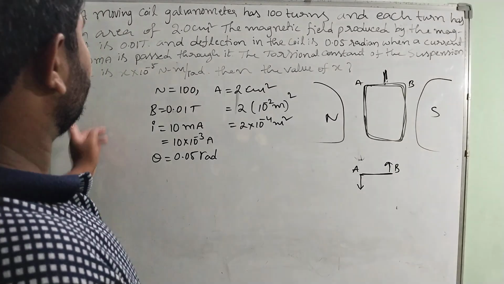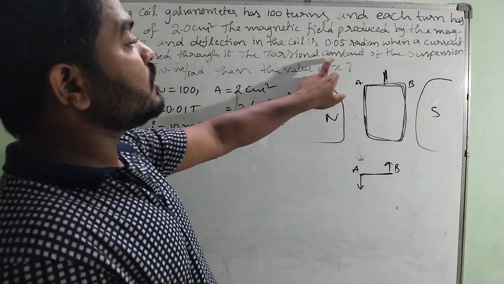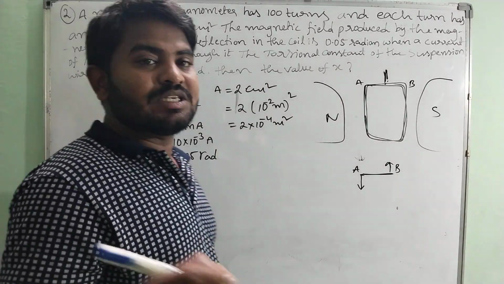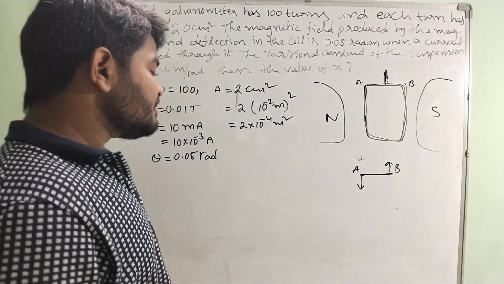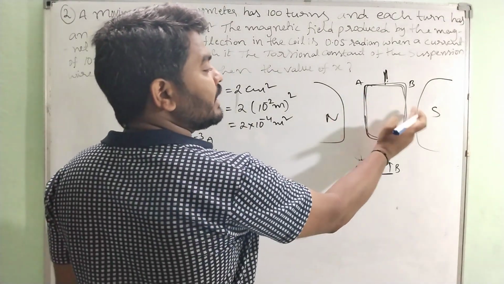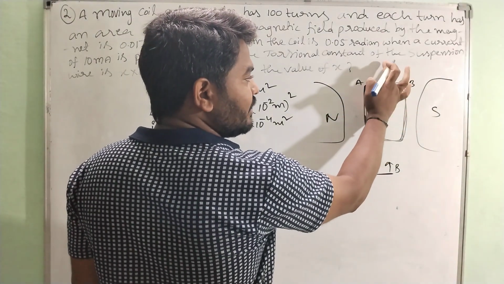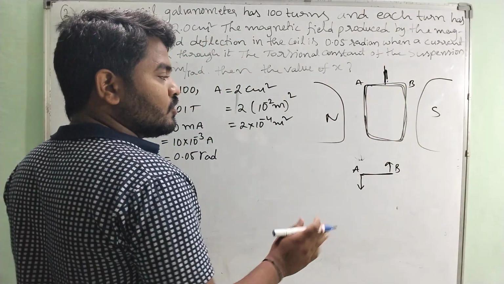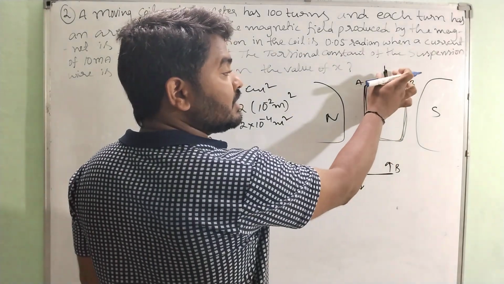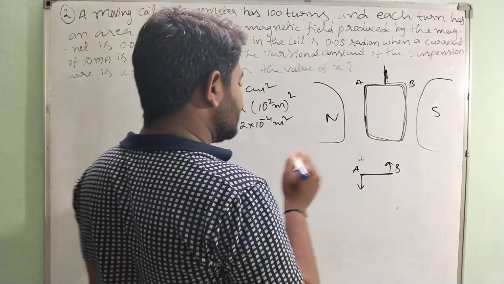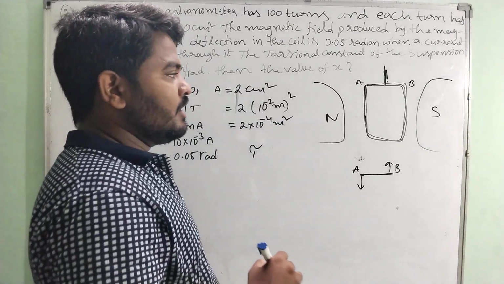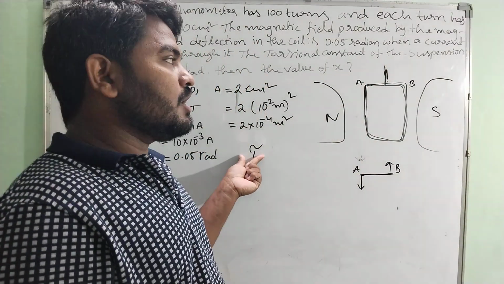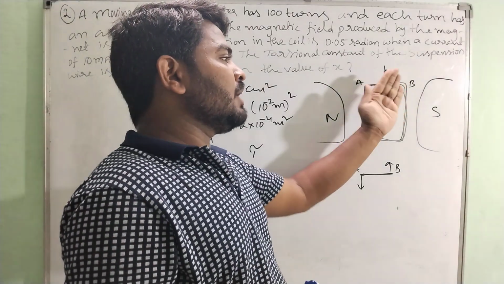They are asking for the torsional constant of the suspension wire. When the coil rotates, the wire attached to this coil gets twisted, right? Due to that twisting, we get a restoring torque. When it is twisted, due to this restoring torque the coil wants to come back.